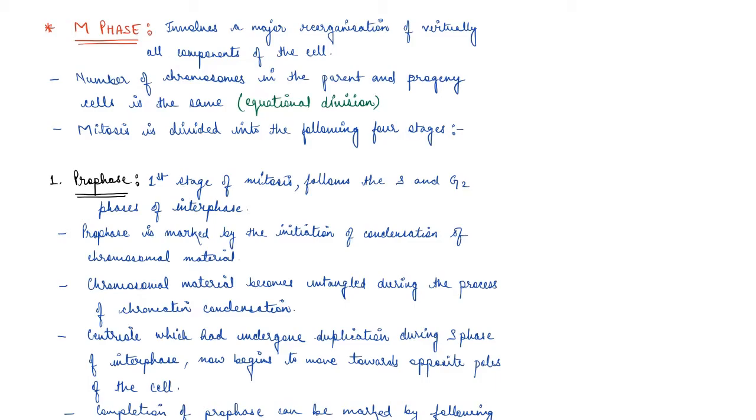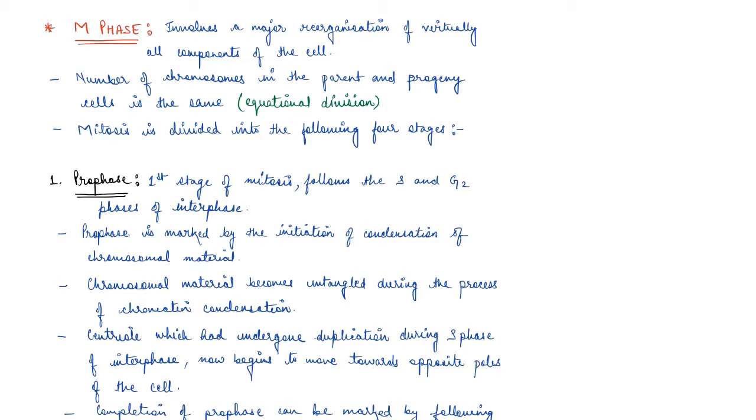So guys, mitosis phase is considered the most dramatic period. It is the most interesting period of the cell cycle because it is virtually reorganization of all the components of the cell. All the components of the cell are getting reorganized.